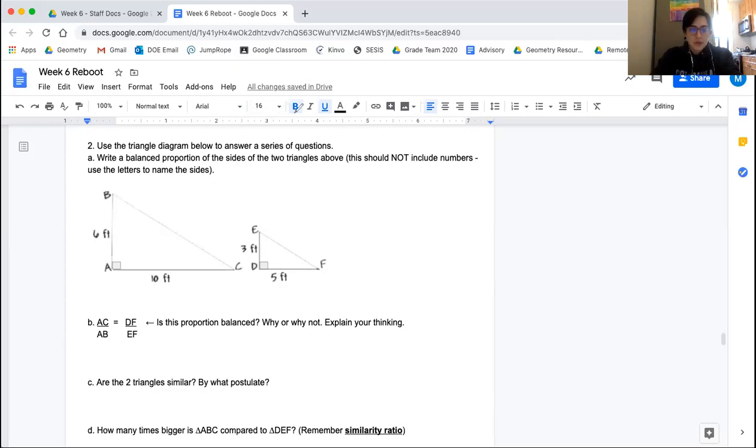Okay, so I'm going to start by saying AB. That is my big triangle's left side. AB over ED. ED is the left side of my small.